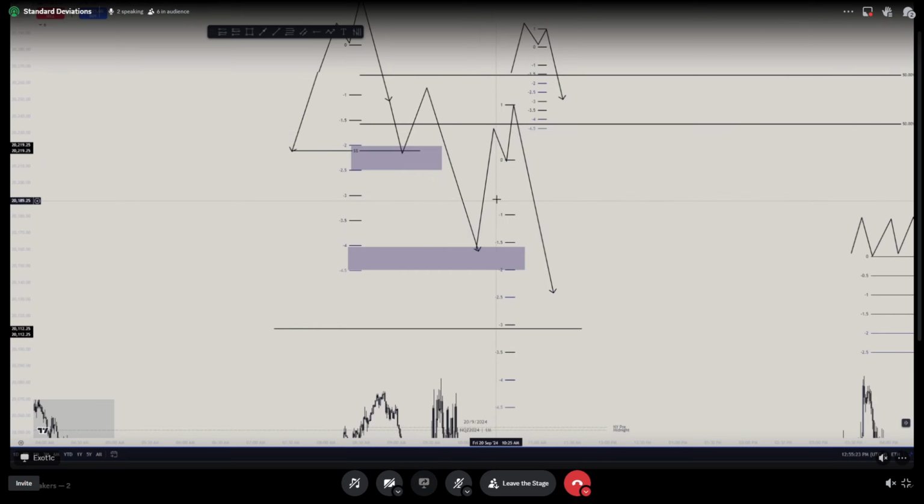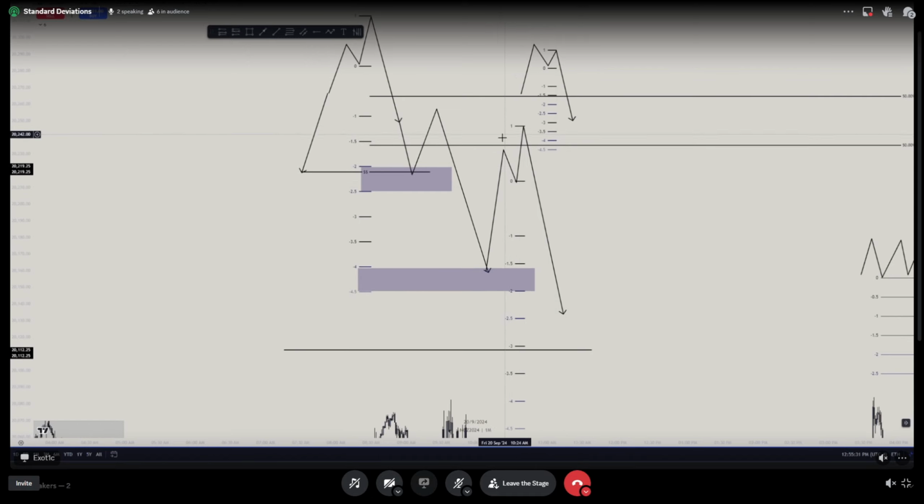Most times, once it hits the 4th standard deviation, if it's not in a big hurry to get down to this liquidity pool, it will come up towards equilibrium here. And this is where you're going to find whether or not we're going to do a continuation model and continue down to these lows. It's inside this equilibrium area where you're going to see your second continuation breaker form here. And this is what you're going to take and draw your projections from to continue lower down to your original drawn liquidity.